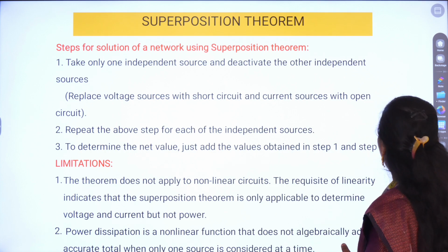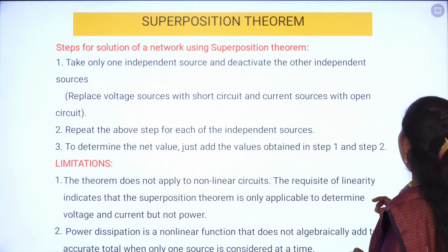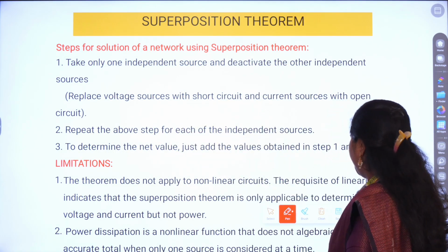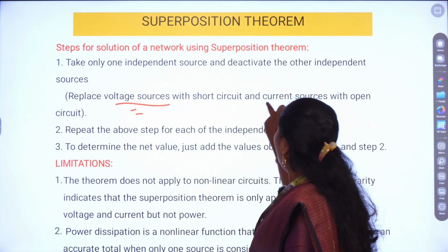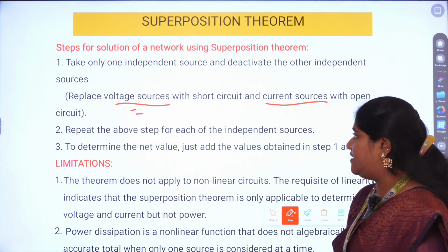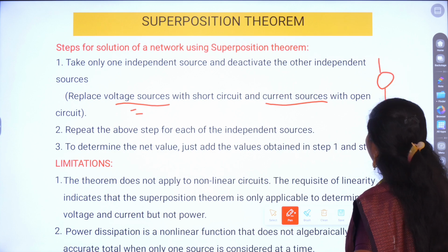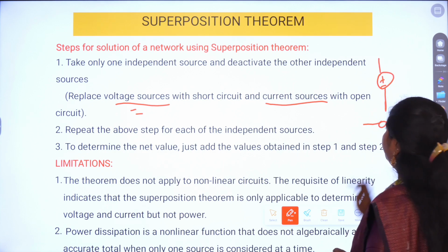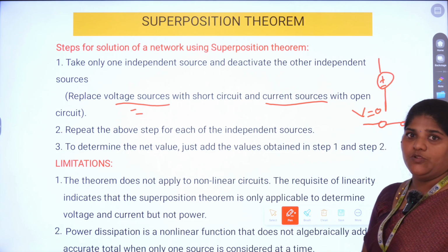Now, coming to the types of sources. Usually, we will be dealing with two types of sources, namely voltage source and current source. Whenever a voltage source has to be deactivated, it should be short circuited, which makes the voltage equivalent to 0.